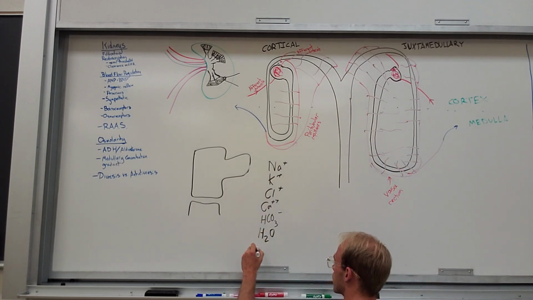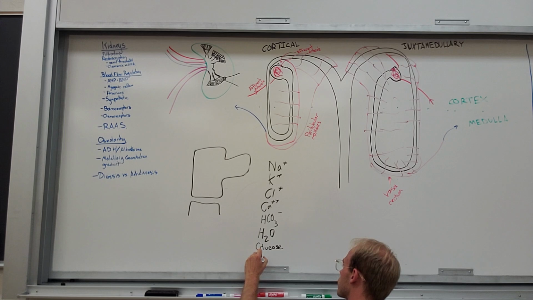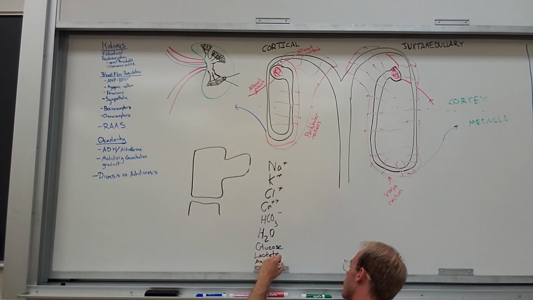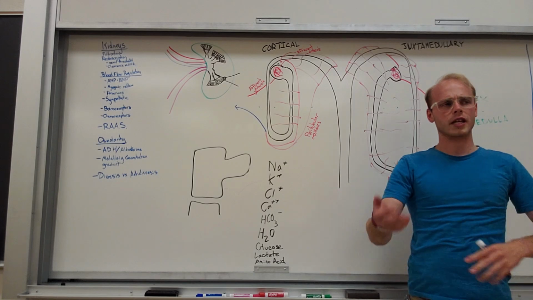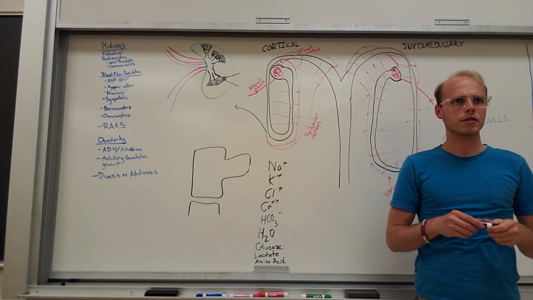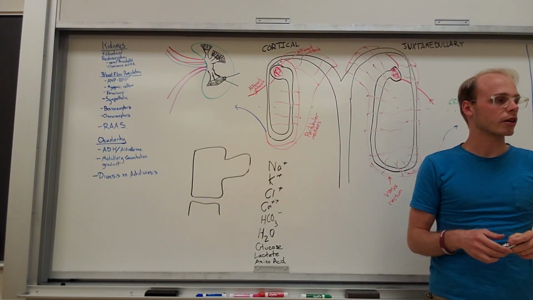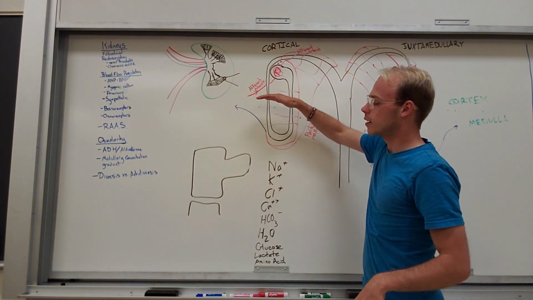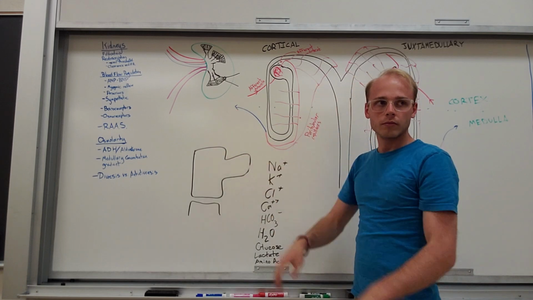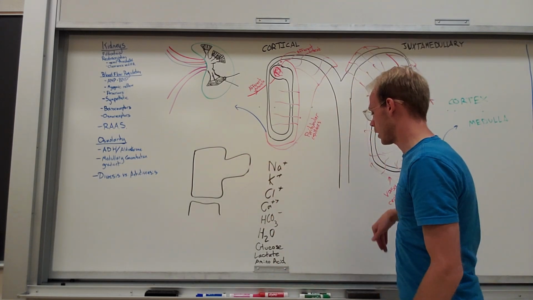We also filter glucose, lactate, amino acids. And then we filter another thing called metabolites, which are just general waste products from cells dying, going through metabolic respiration, all of that fun stuff. Those things get filtered in, and then they get pushed through the whole nephron, and then you pee them out because we don't want them.